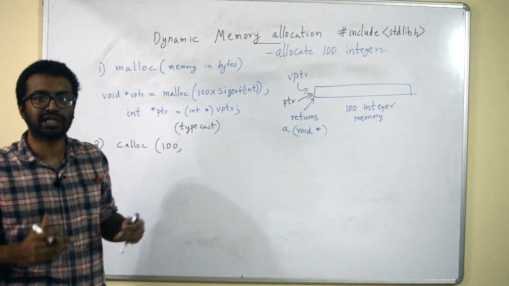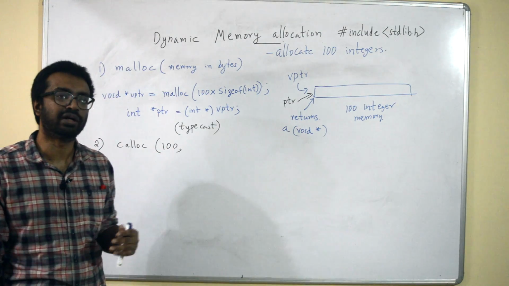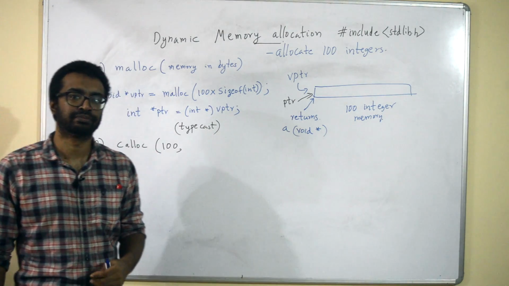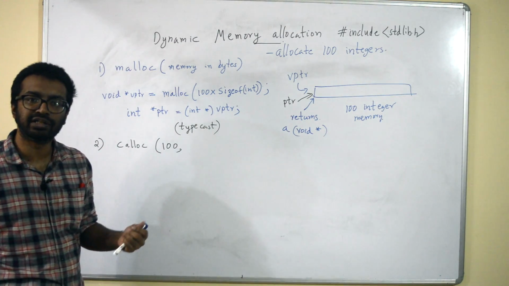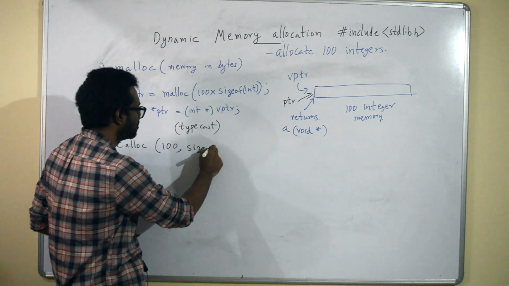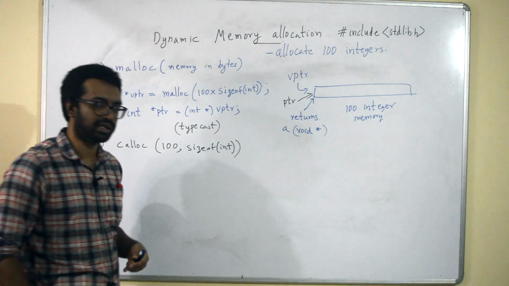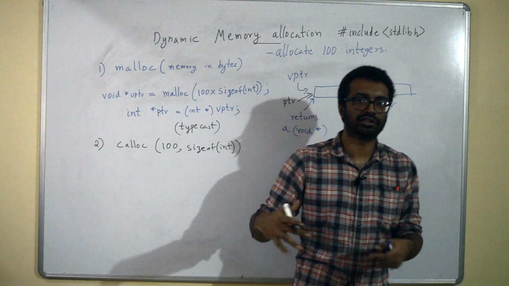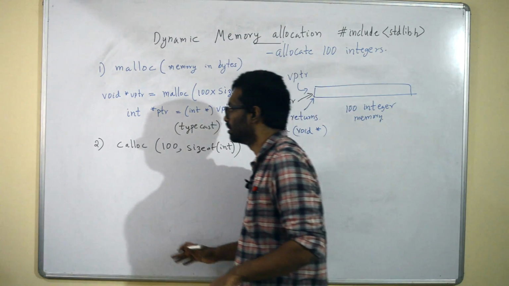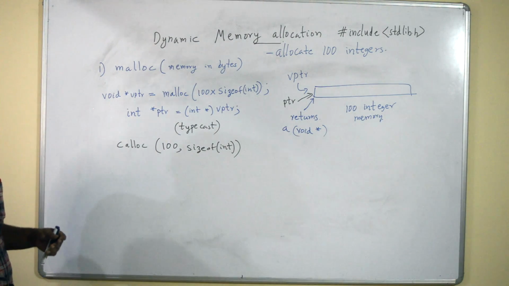So basically it's asking how many of the particular data type do you want. So I give 100. Next it is asking what is the size of one of them. Here we want integer. So what is the size of an integer? That's the second parameter to be passed. Now I pass both these parameters. What will it return? It returns again a void pointer. So I get a void pointer.